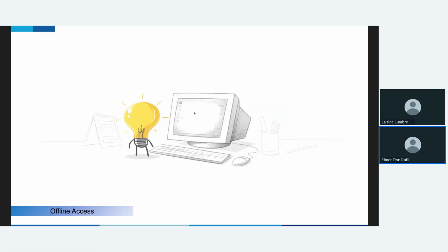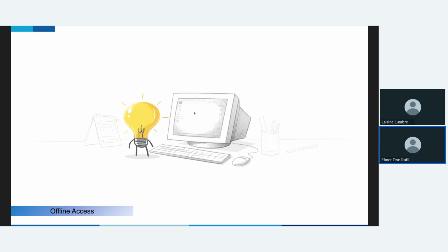So another helpful feature of Zoho Mail is offline access. We all know internet connections aren't always reliable, right? Whether you're traveling, working from a cafe, or dealing with unexpected downtime, with Zoho Mail you can still access your inbox, read emails, and even draft replies without being connected to the internet.